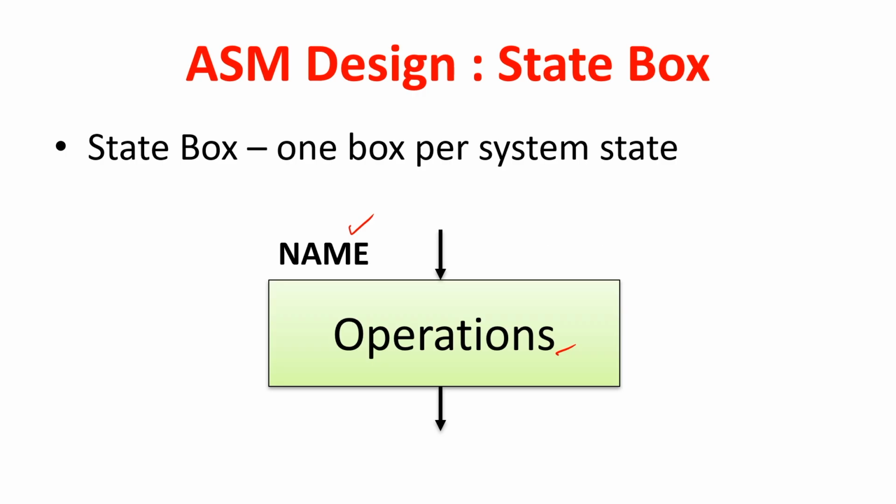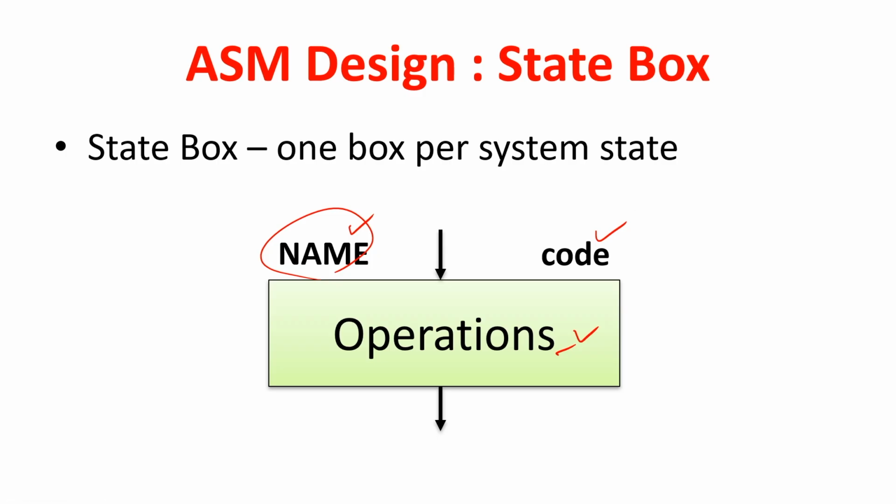The state box has operations or actions, outputs we can specify, and the state name, and the code for the states, state encoding as in a general FSM.